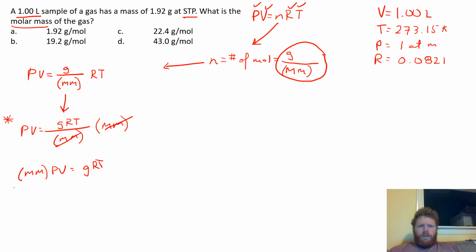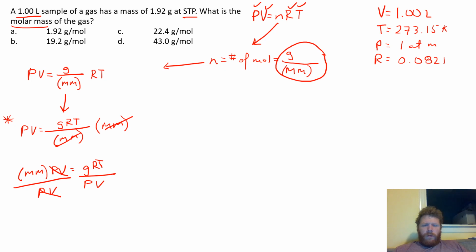Divide each side by PV, pressure and volume, and those will cancel out. You're left with MM, our molar mass of our unknown gas, is equal to gRT over PV.